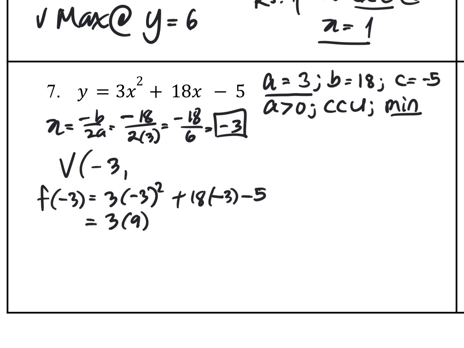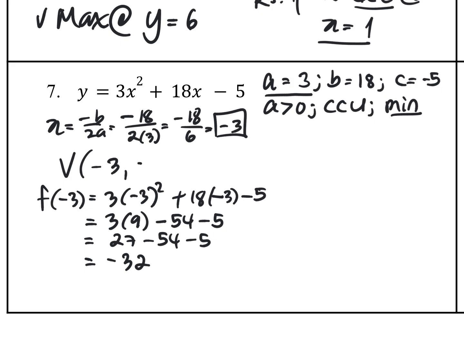So 18 times negative 3 is going to give you negative 54. So this is going to give you 27 minus 54 minus 5, and that is going to give you negative 32.